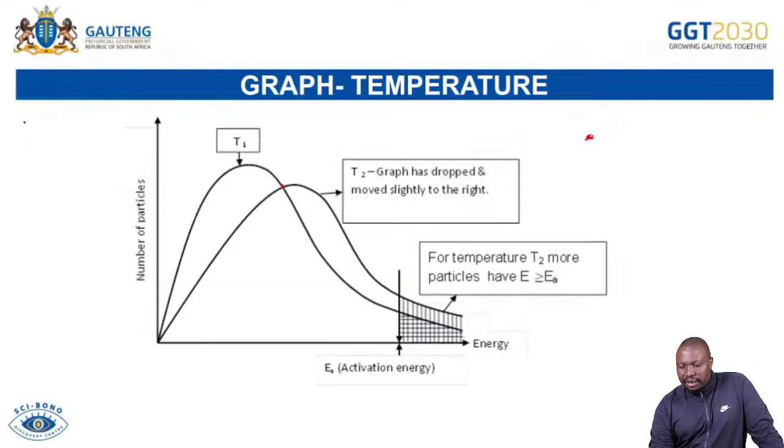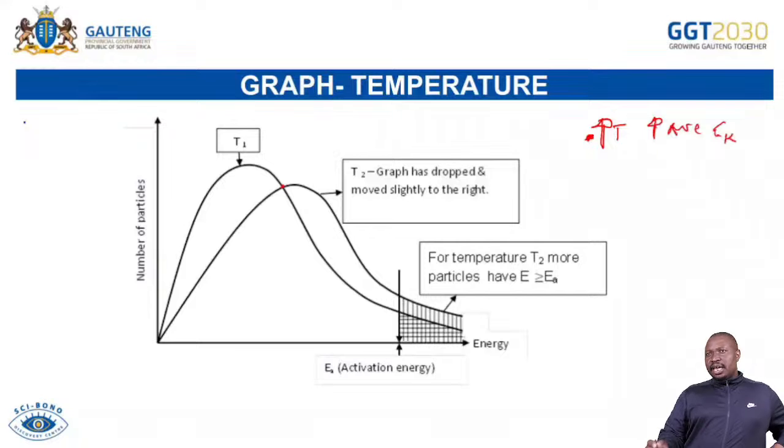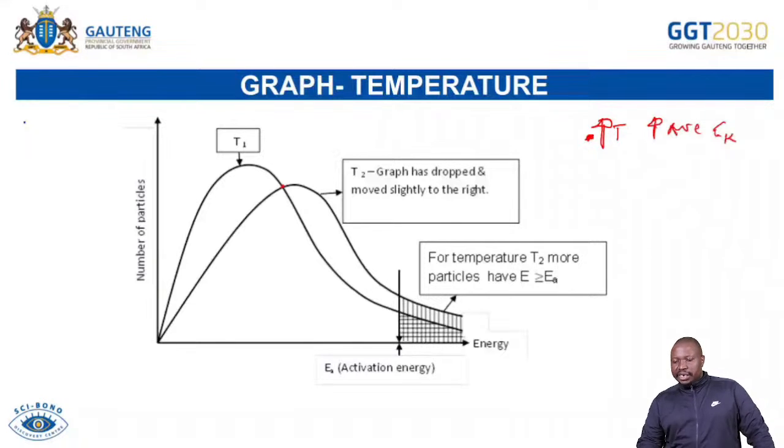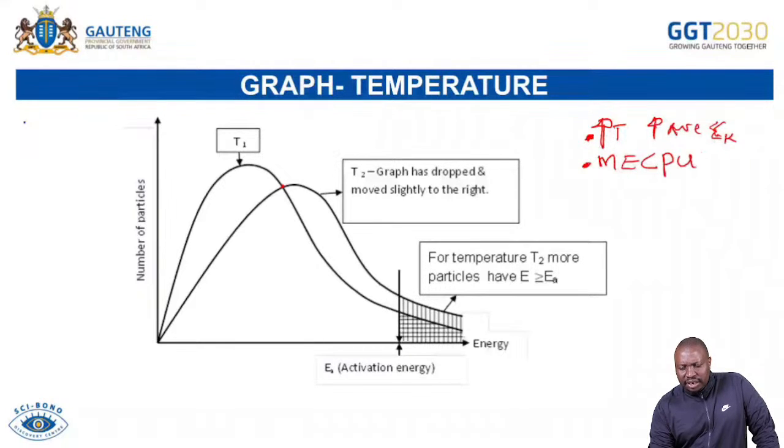Remember, when we increase temperature, we are increasing the average kinetic energy of the particles. That is the first bullet. And then you are going to have more effective collisions per unit time.